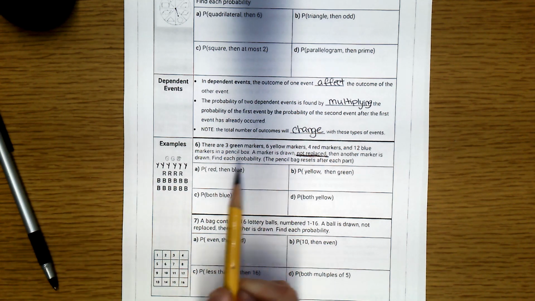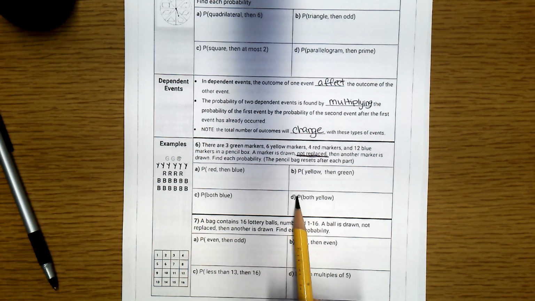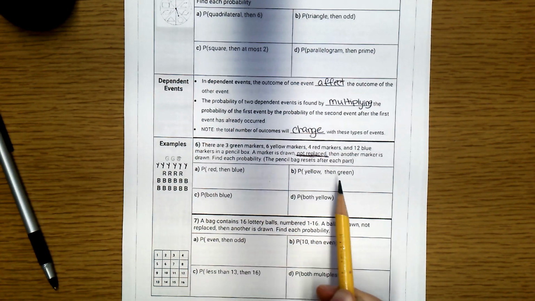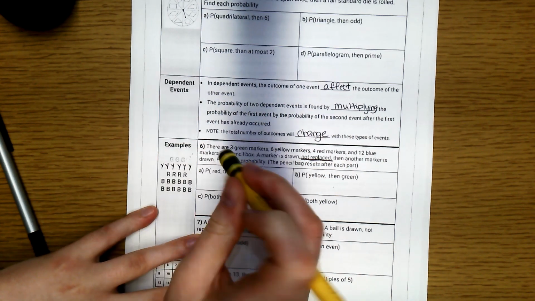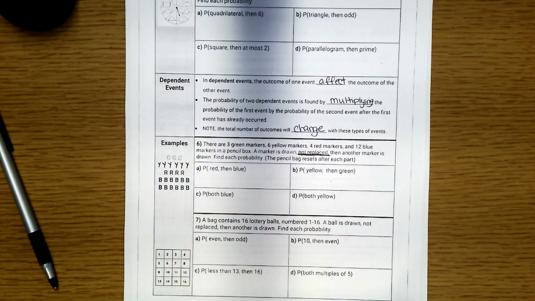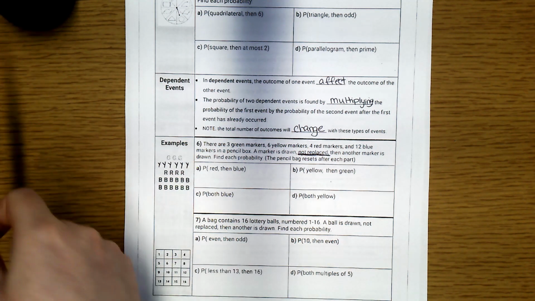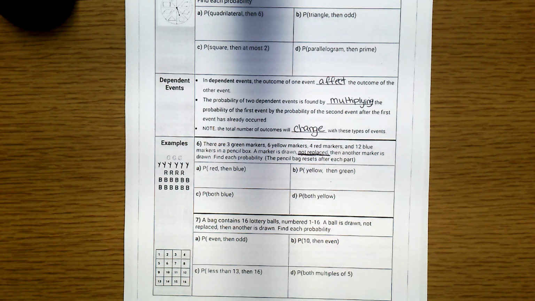Just so you're aware, for each part, A, B, C, and D, after we finish A, the box completely resets for B. So once we start B, that green marker will actually be back in the box. Each time we are picking 2 markers and then not replacing the marker after we pick the first one.